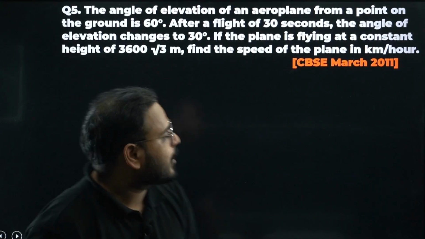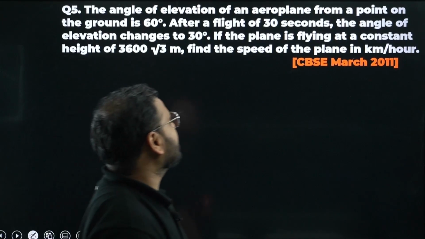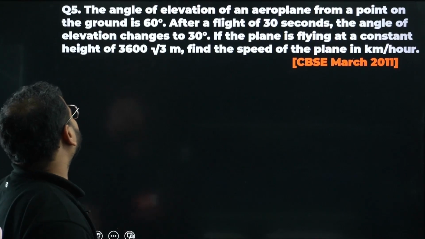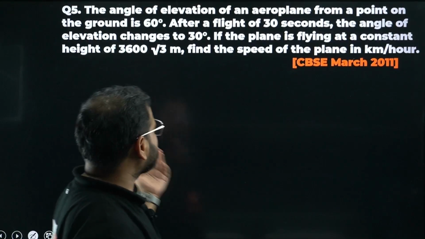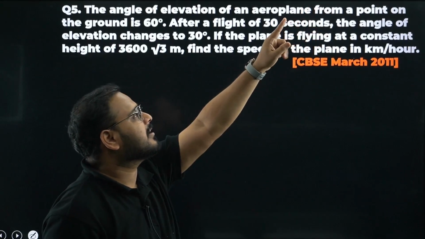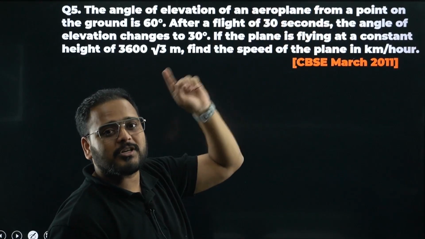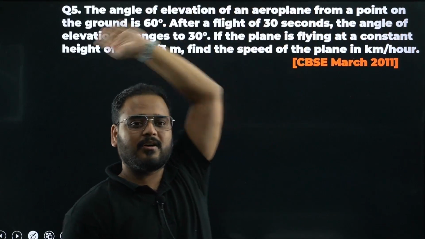Okay, let's go back to the question. The angle of elevation of an aeroplane from a point on the ground is 60 degrees. After a flight of 30 seconds, the angle of elevation changes. How? My airplane is over here, right? After 30 seconds, will it move towards me? It will go away from me, either over here or over there.